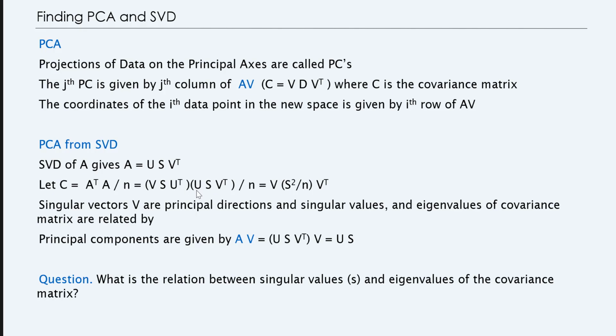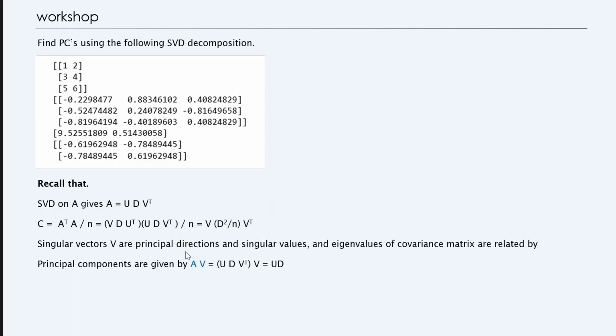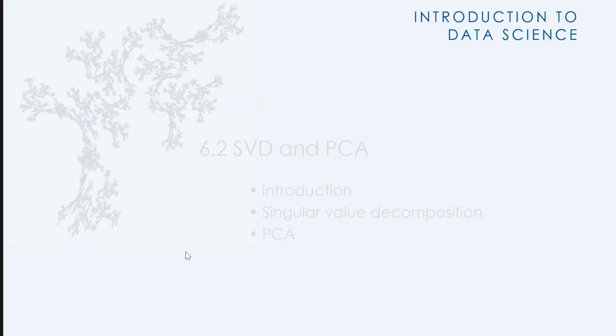That's like the product one. And then we get V times S squared over n times V transpose. So the singular vectors V are the principal directions, and the singular values and the eigenvalues of the covariance matrix are related by that. So in this case, once you find the singular value decomposition, you can take A times V, which gives you the principal components, right? So you can do this workshop by finding the PCs using the following SVD decomposition. All right, so that's the end of this.